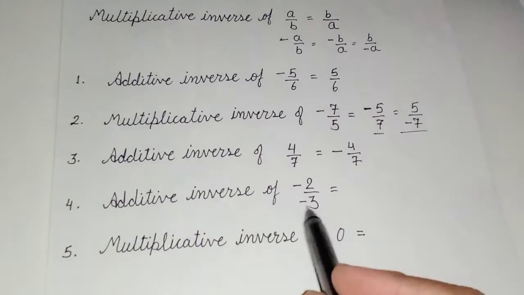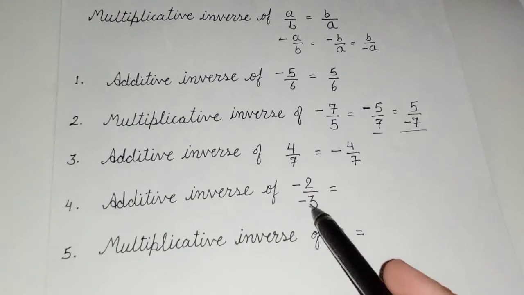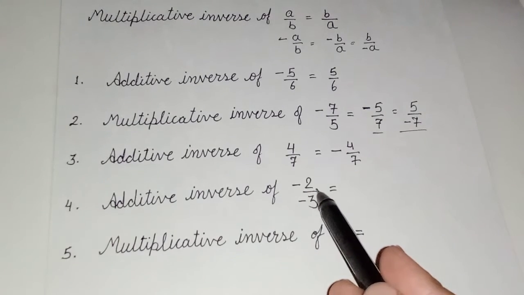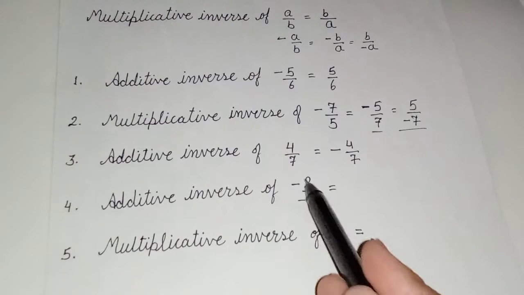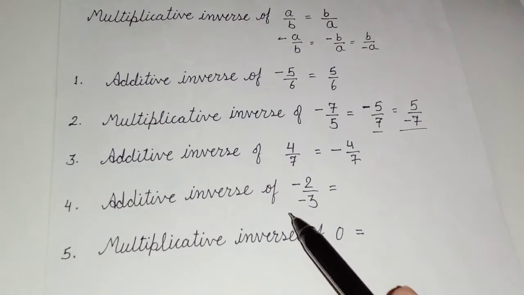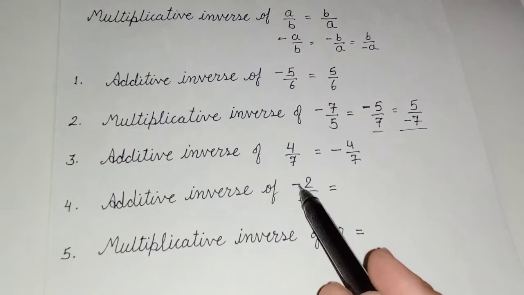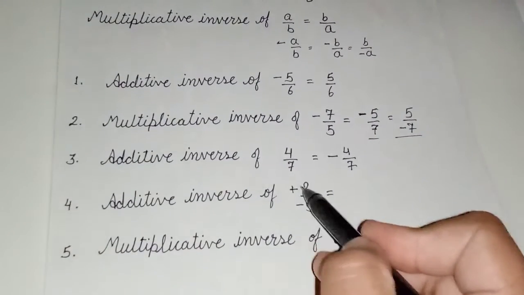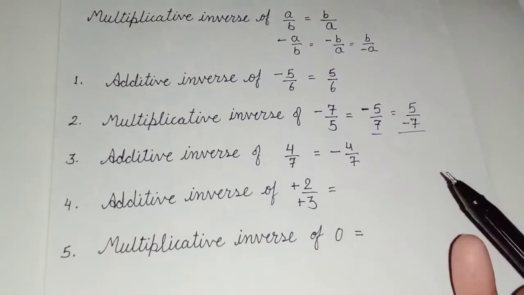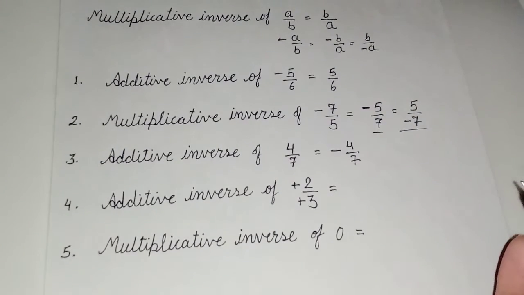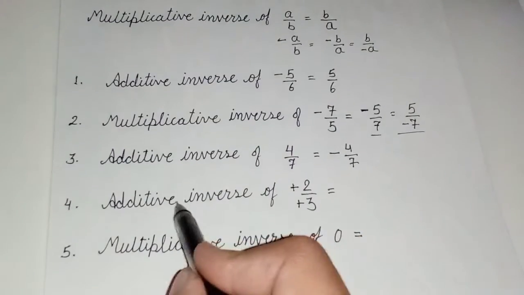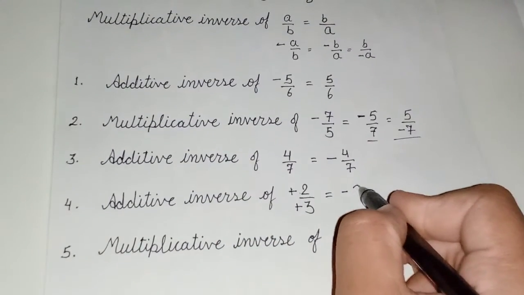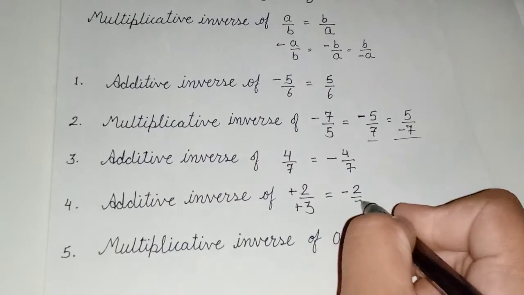As you know, in this case upon means divide only, and if both divisor and dividend are negative, we get the answer as positive. That means these two minus signs make a positive. That means the number given here is a positive rational number, that is 2 by 3. So additive inverse of 2 by 3 will be minus 2 by 3.